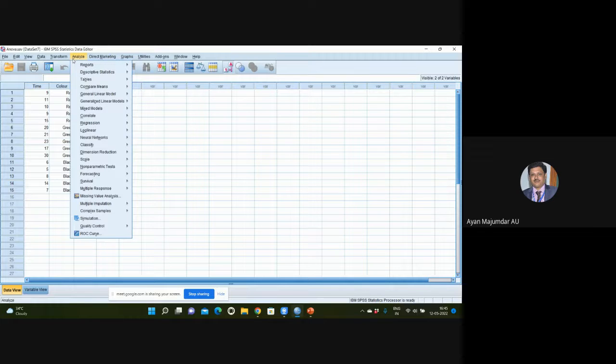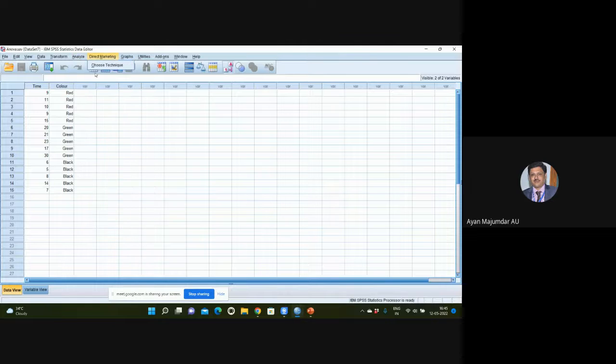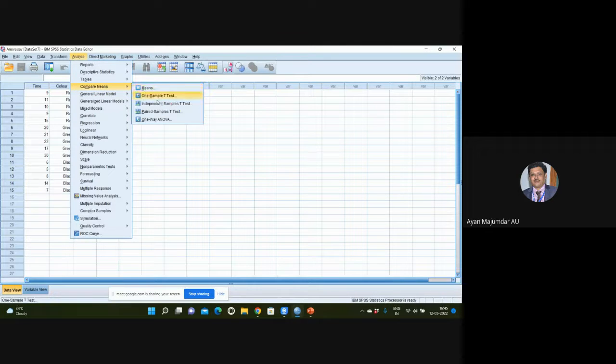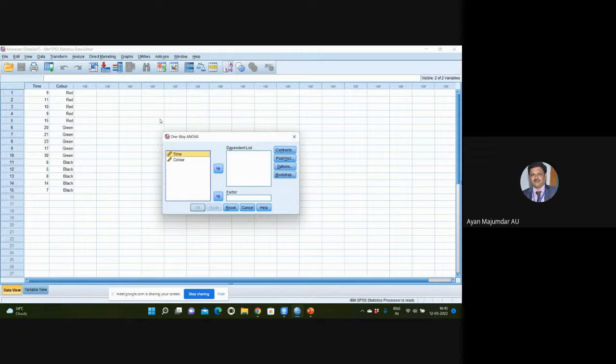Analyze, go to compare means and select ANOVA. Once it is chosen, our dependent variable is the time and the independent variable, the factor, is the door color.